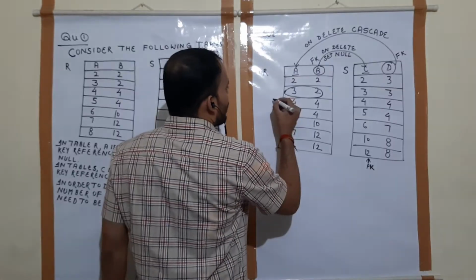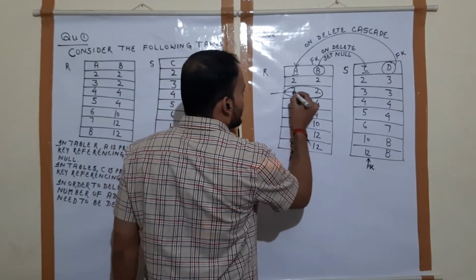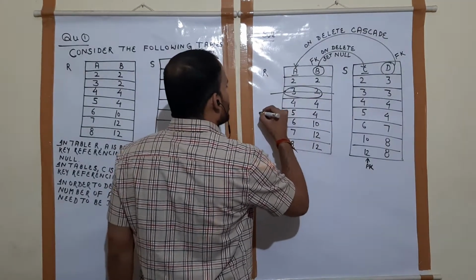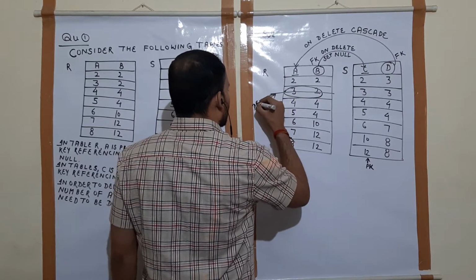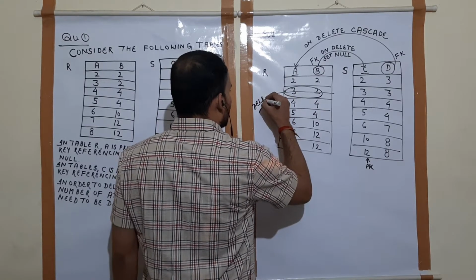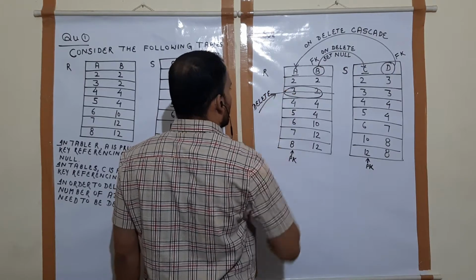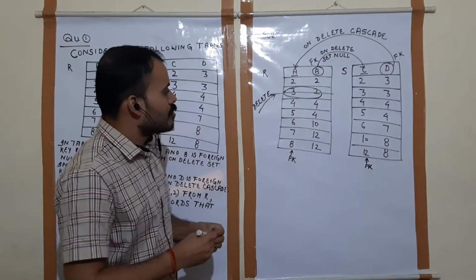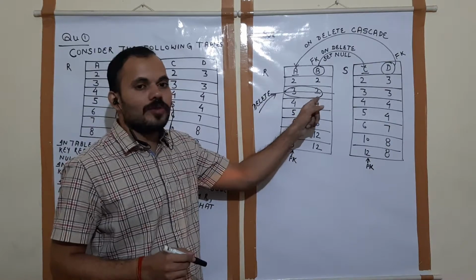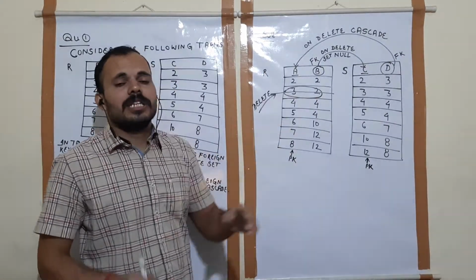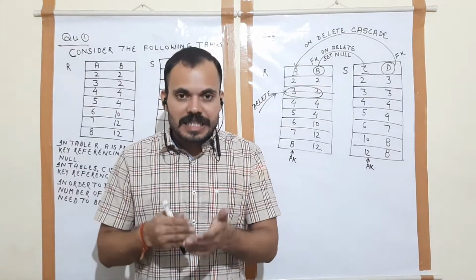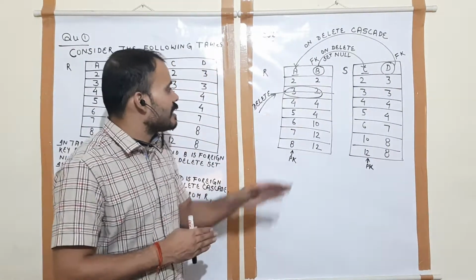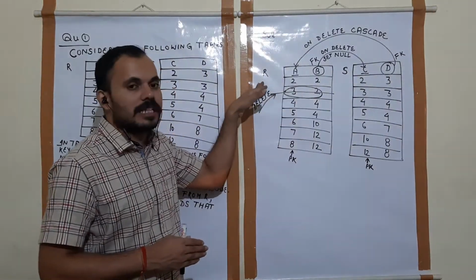That is, if I want to delete this record 32 from the relation R, the number of additional records we have to delete in order to delete the record 32 from the relation R.